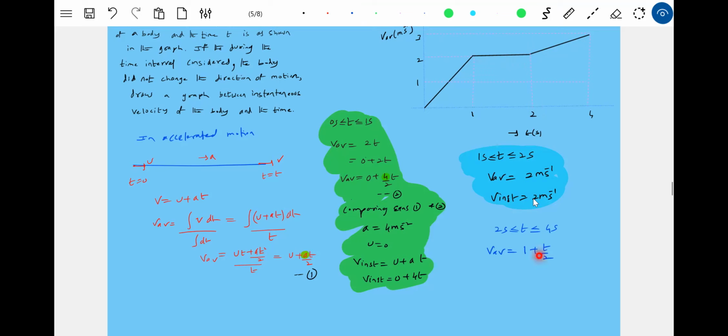Put t equal to 2, the average velocity will be 2. So actually it will come and intersect here. Then put t equal to 4, the average velocity should be 3.